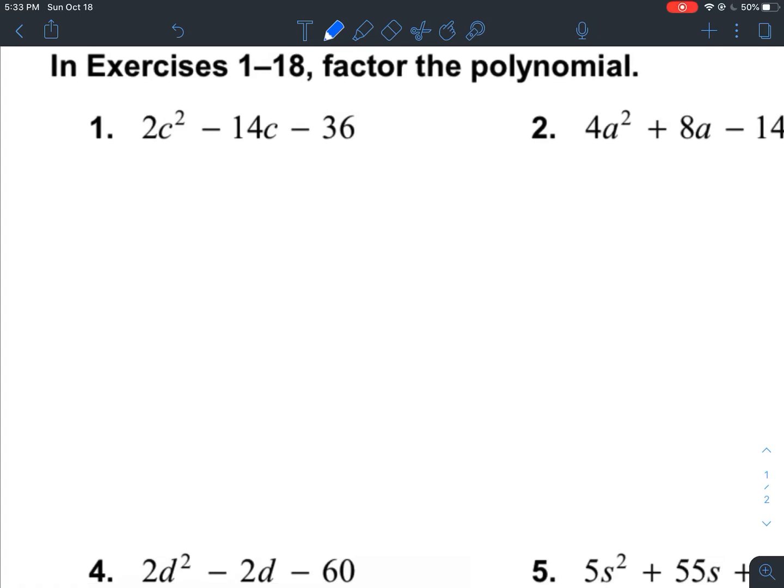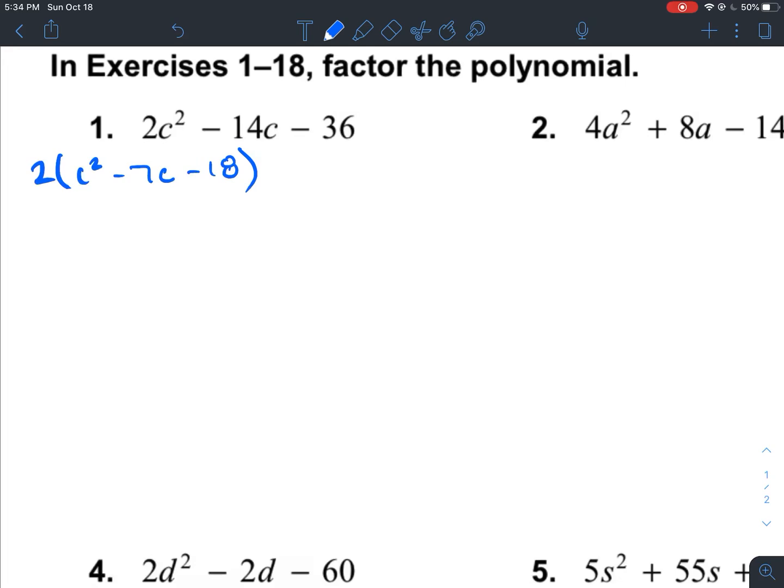So if we take out the 2, if we divide this by 2, we're just going to have c squared. If we divide this by 2, we'll have negative 7c. And if we divide this by 2, we should have negative 18. Okay.